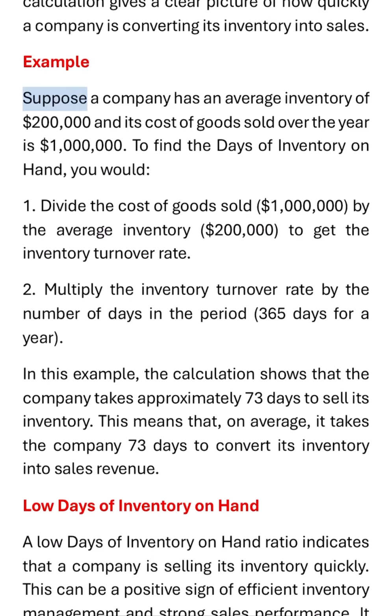Example: suppose a company has an average inventory of $200,000 and its cost of goods sold over the year is $1 million. To find the days of inventory on hand, you would: 1. Divide the cost of goods sold, $1 million, by the average inventory, $200,000, to get the inventory turnover rate. 2.